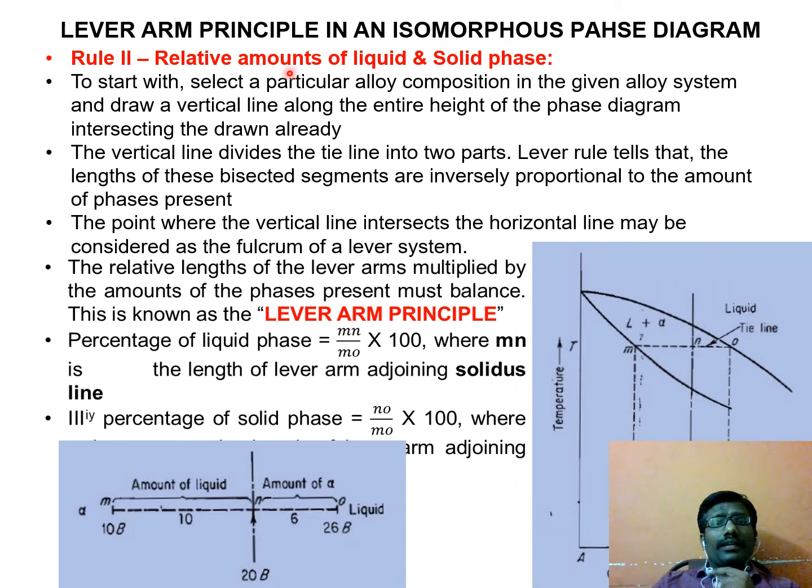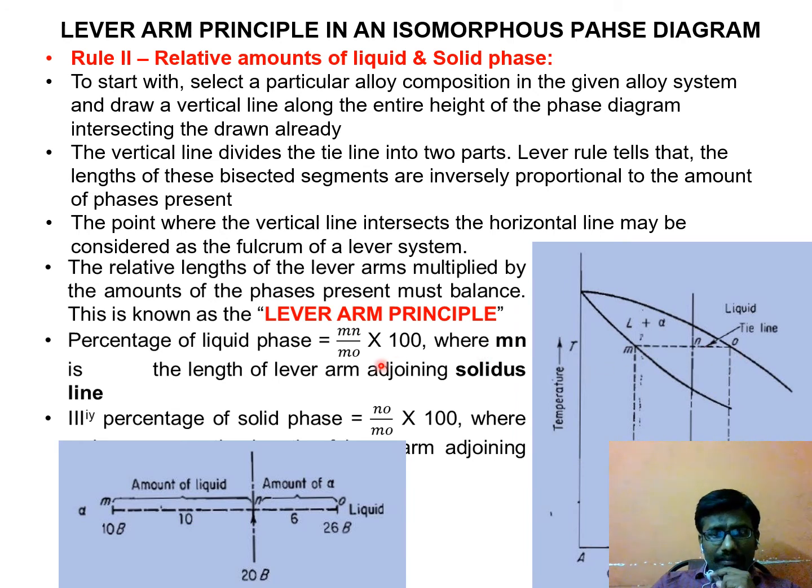The next one is rule 2. We have to find the relative amount of liquid and solid phase. At any composition weight percentage, you draw a vertical line on the phase diagram, and at any temperature you draw a horizontal line. It will divide this line into two parts. This is called the tie line. So now we consider this as the tie line.